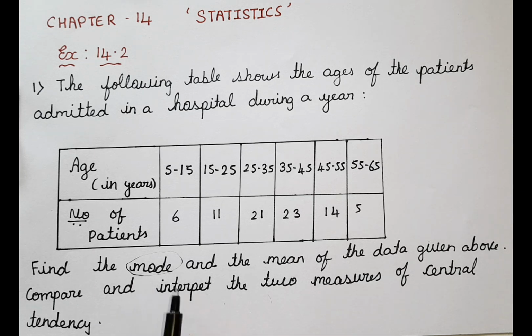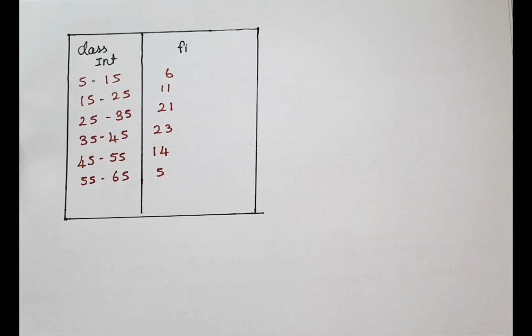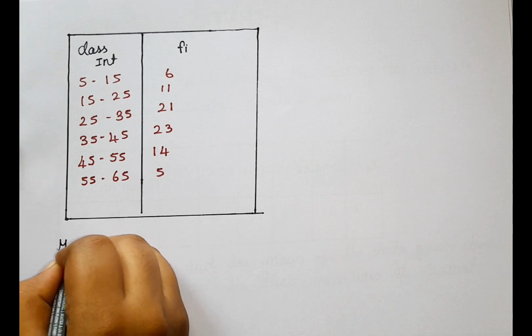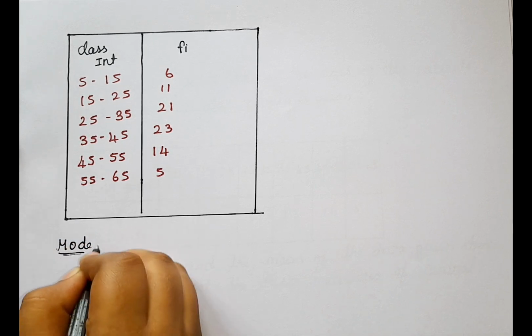So you're supposed to find the mode. First, let's find the mode. How to find the mode? It's literally easy, guys. We have to use one formula. I'm going to solve it by using the mode formula. So what is the formula for mode?